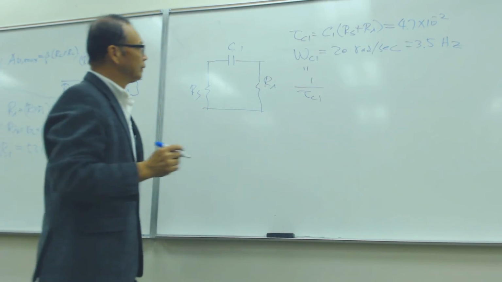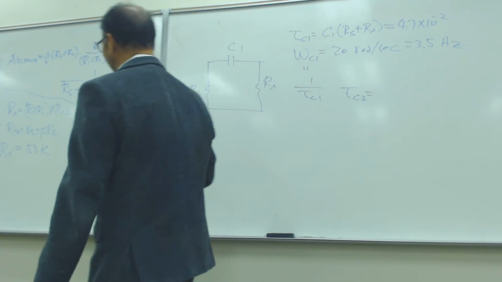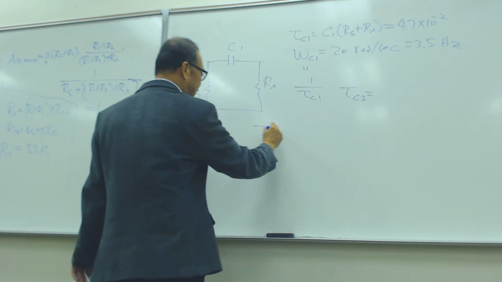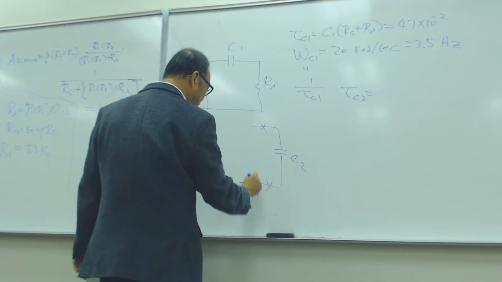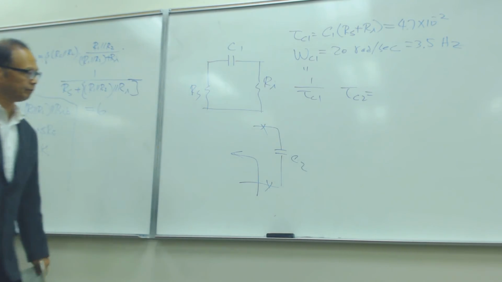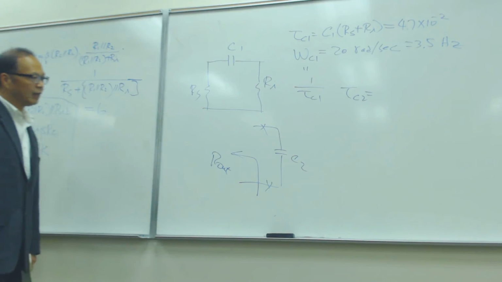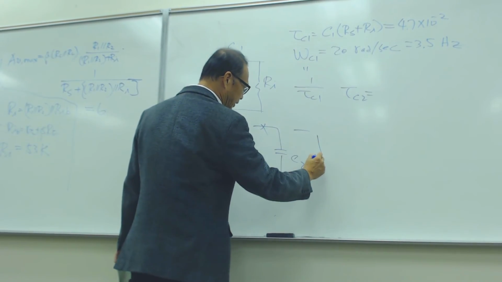All right. Tau C2. What is tau C2? Basically you have C2 here, and if you go to the left, let's call this R out. On the other side it's open.